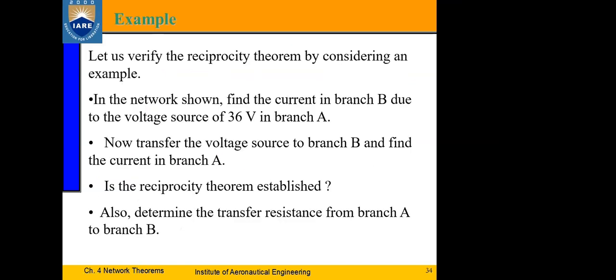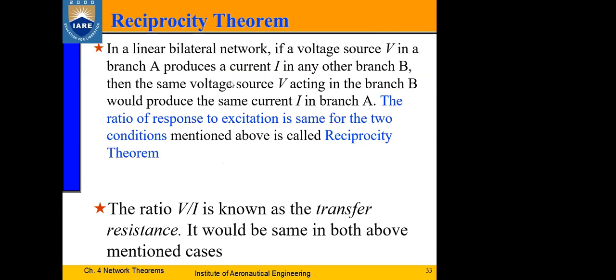In a linear bilateral network, if a voltage source V in branch A produces a current I in another branch B, the same voltage V acting in branch B will produce the same current I in branch A. That is, the ratio of response to excitation is the same for the two conditions mentioned above. This is called reciprocity.